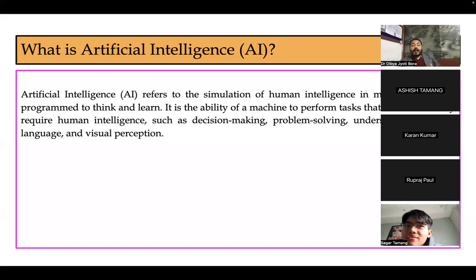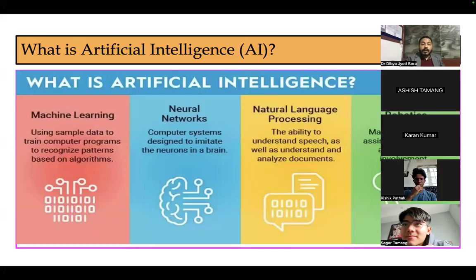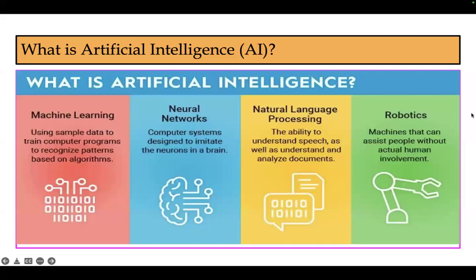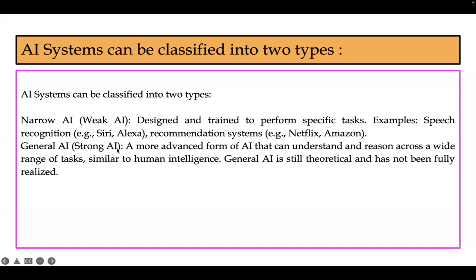And that's the area together known as artificial intelligence. Then we have gone through a few trending terms like machine learning, neural networks, NLP, robotics. Then narrow AI and general AI. Currently where we are is the narrow part of AI, and general AI is the part where work is going on.